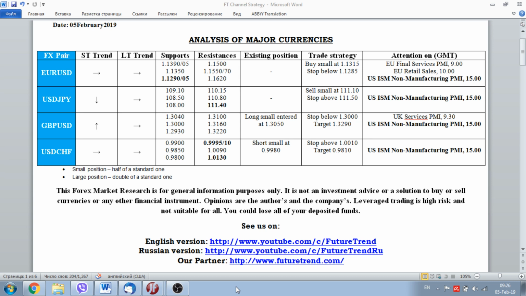But we have to understand that now the futures market regarding the future of interest rates for most developed economies is more accurate than the predictions of the central banks themselves. The same applies, for example, to the Fed.